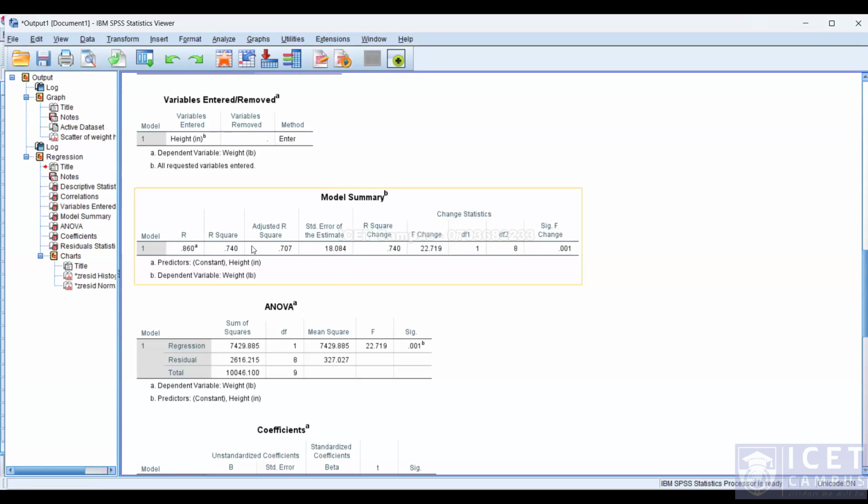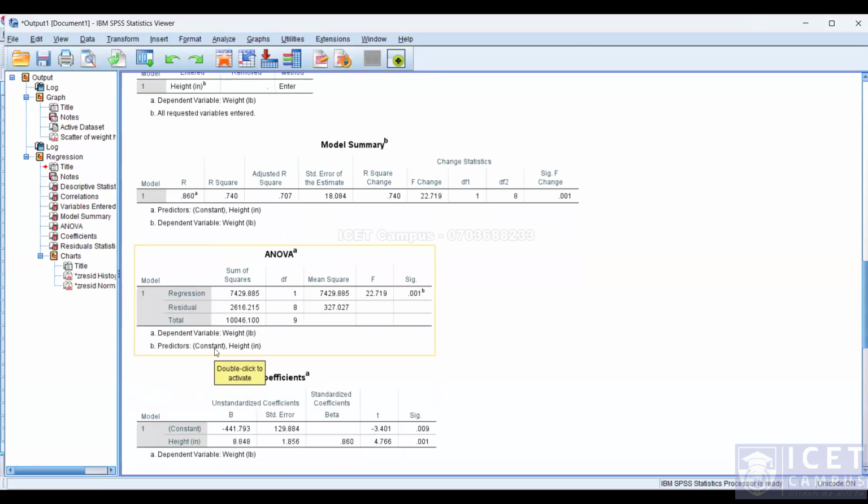So here 74% is quite close to 80. Therefore, that is also a good model to predict. So you can use this data to predict the outcomes, right? Then this is the ANOVA table.